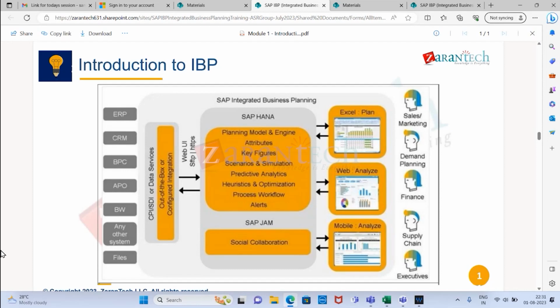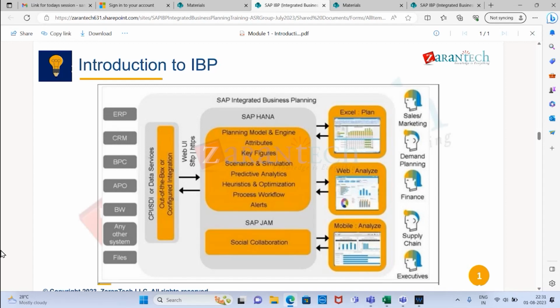Similarly, there are a lot of other tools or interfaces which communicate with the IBP in terms of providing inputs or receiving inputs from IBP. Similarly, we have another system which we call CRM, that is customer relationship management. CRM is basically a customer service tool used by the customer service organization.